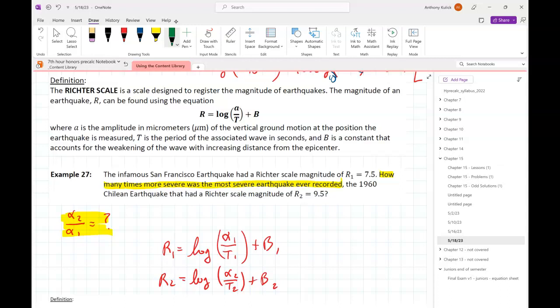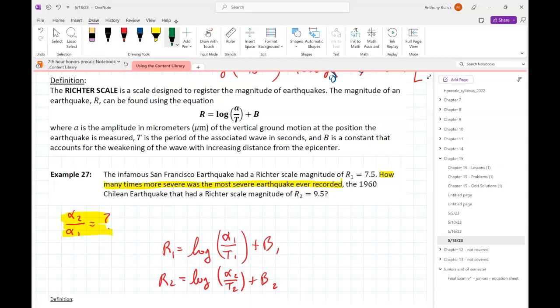So let's think about what these terms mean again. So the B's are a correction factor, right? So if I'm measuring something from far away, it's like add that on after my measurement to make it look like the measurement was done at the epicenter, right? Now, I'm given Richter scale magnitudes, which means that correction factor is already done.